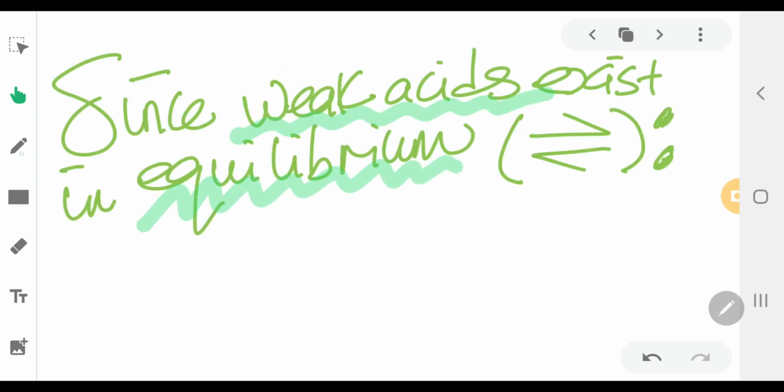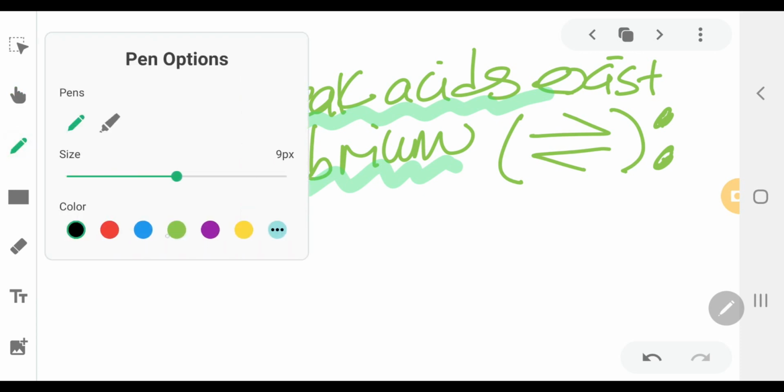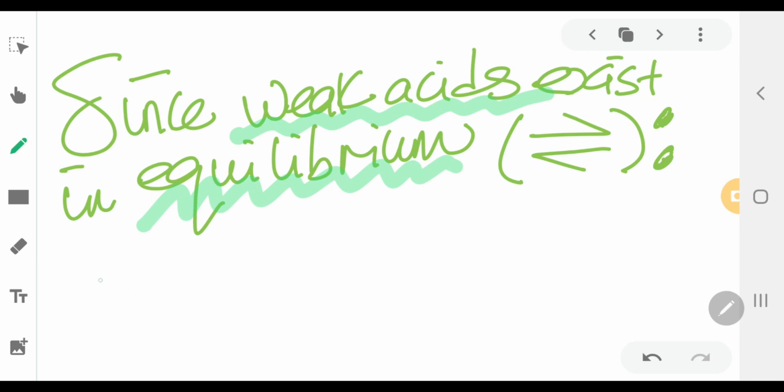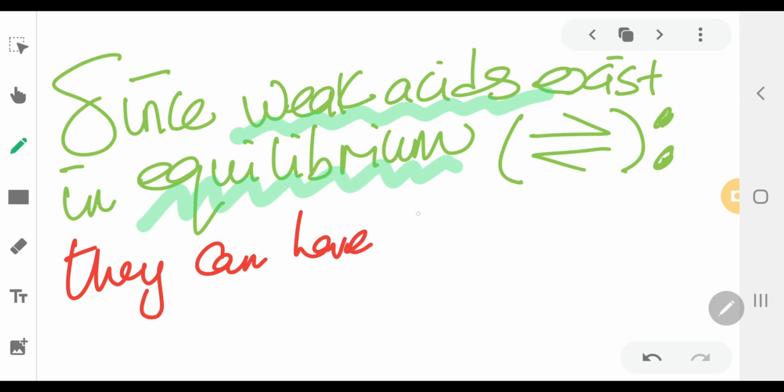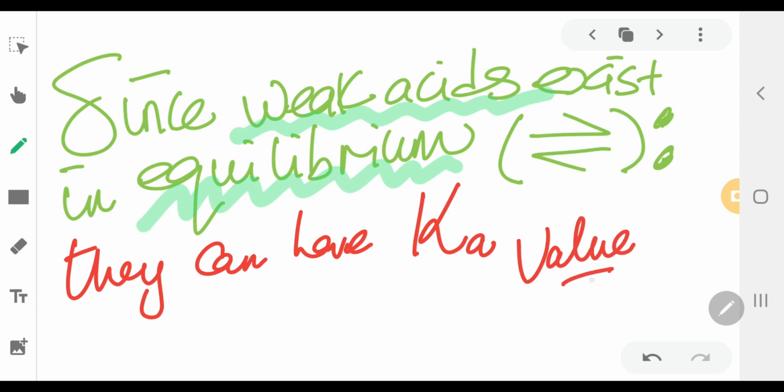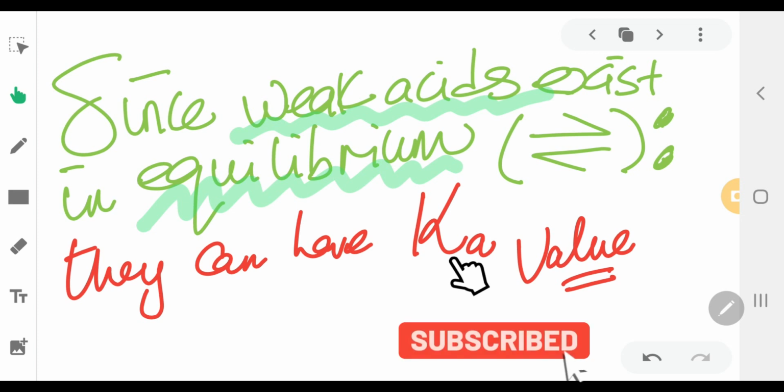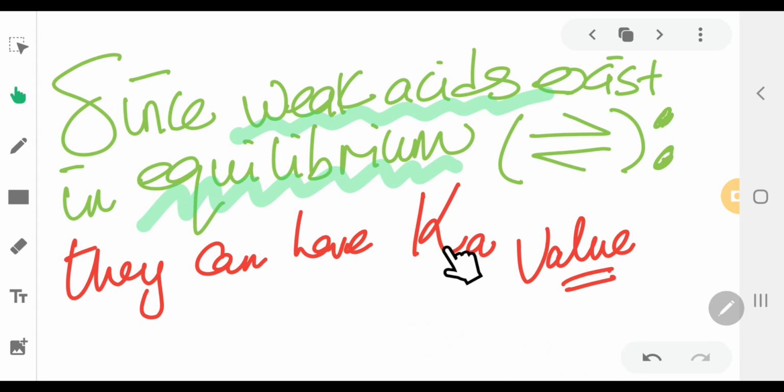Since weak acids exist in equilibrium, they can have a Ka value. Ka has the same concept as what we have learned with Kc and Kp in the previous chapter, chemical equilibrium.